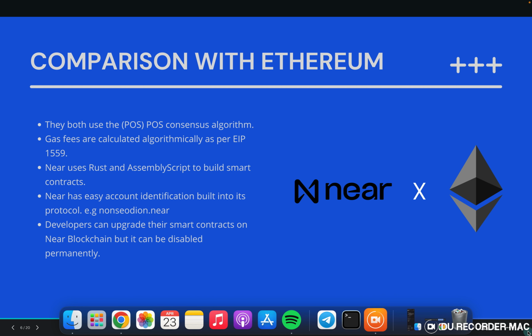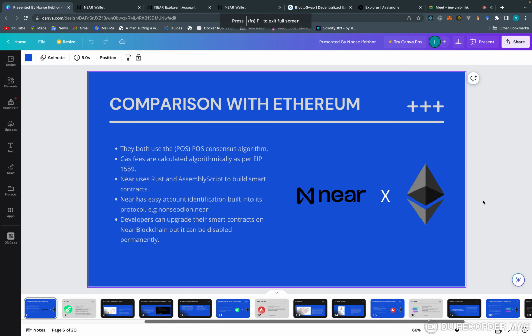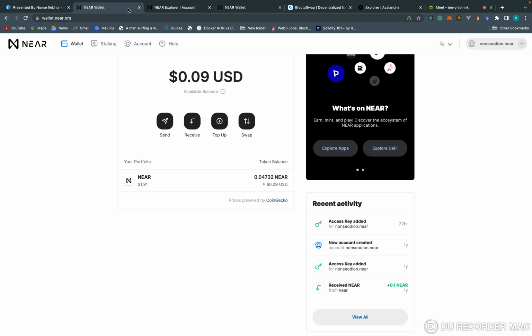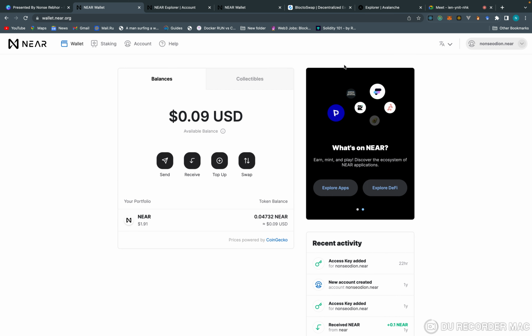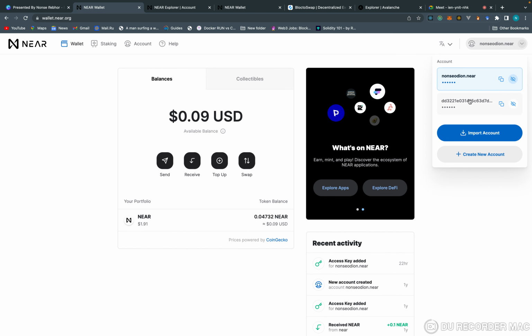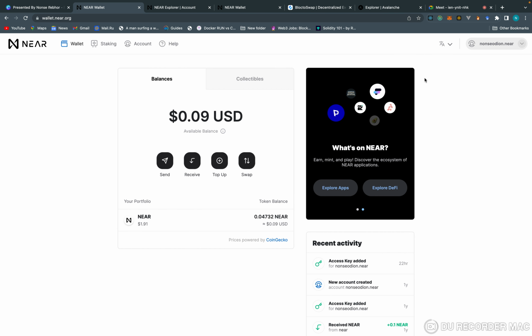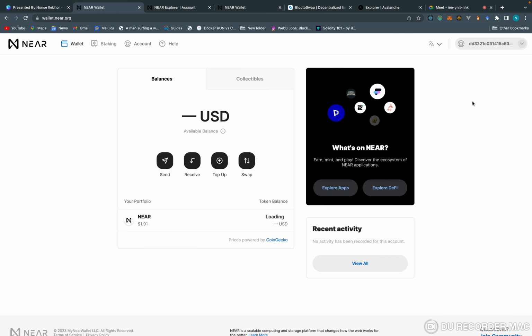Ethereum has ENS, and you can have an ENS name like nonce.eth, vitalik.eth, sasal.eth. It ends with .eth. The same thing with NEAR, which has .near of its own.